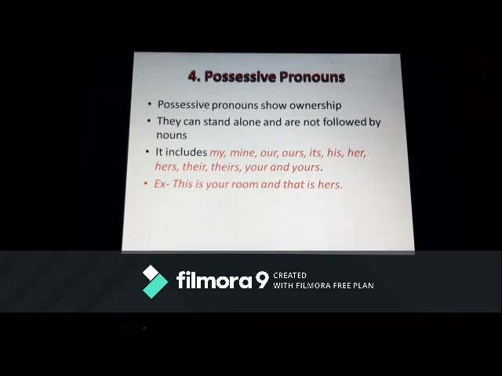Possessive means, whenever something tells that this is mine, this is ours, this is his, that is called possessive. Having ownership of something, right? So the idea of ownership is called possessive pronoun.